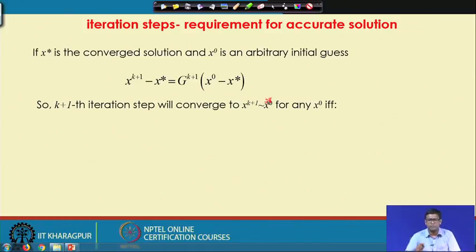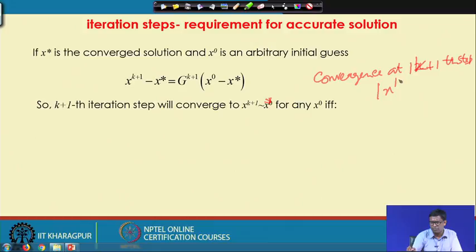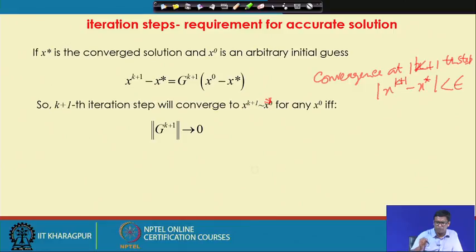If this difference is very small, we will say that this has converged, if convergence at the (k+1)th step tells me that the difference x_(k+1) minus x star is less than epsilon, epsilon being a very small number. So, this will start for any x_0 with a finite value and go to a very small value if the matrix norm of G to the power k plus 1 goes to 0.